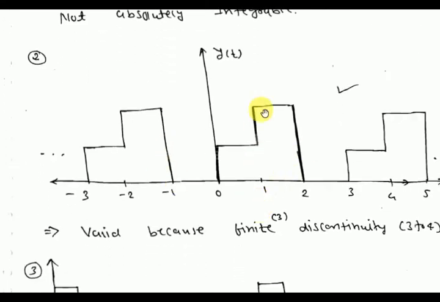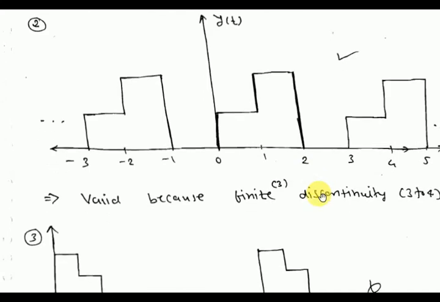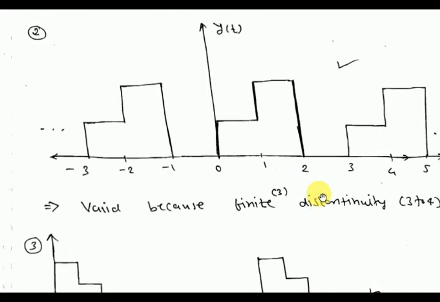Next signal is like this, y of t. This is absolutely integrable because the magnitude is finite, second it has a finite number of maxima and minima, and third it has a finite number of discontinuities. That's why this signal can have a Fourier series.